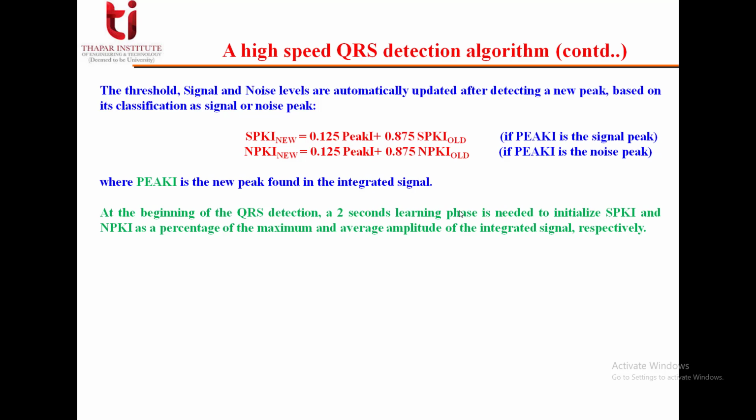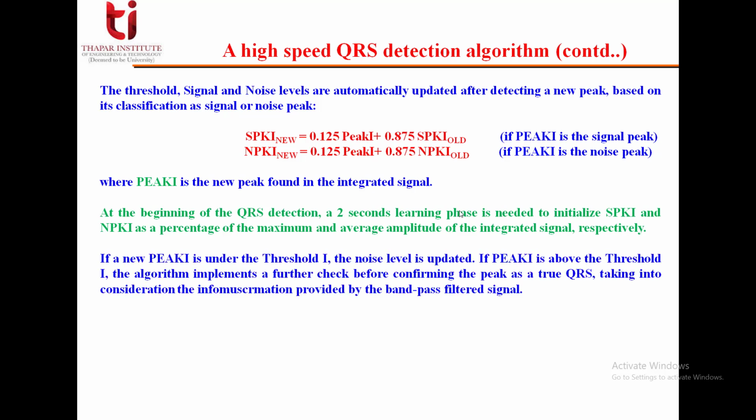Now, at the beginning of the QRS detection, a 2-second learning phase is needed to initialize SPK1 and NPK1 as a percentage of the maximum and average amplitude of the integrated signal respectively. If a new peak 1 is under threshold 1, then the noise level is updated. And if peak 1 is above threshold 1, the algorithm implements a further check before confirming the peak as a true QRS, taking into consideration the information provided by the band pass filtered signal.